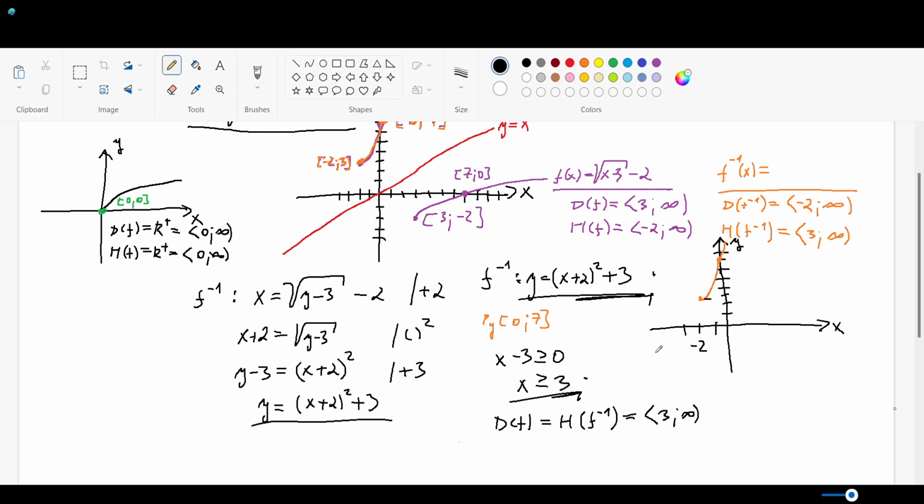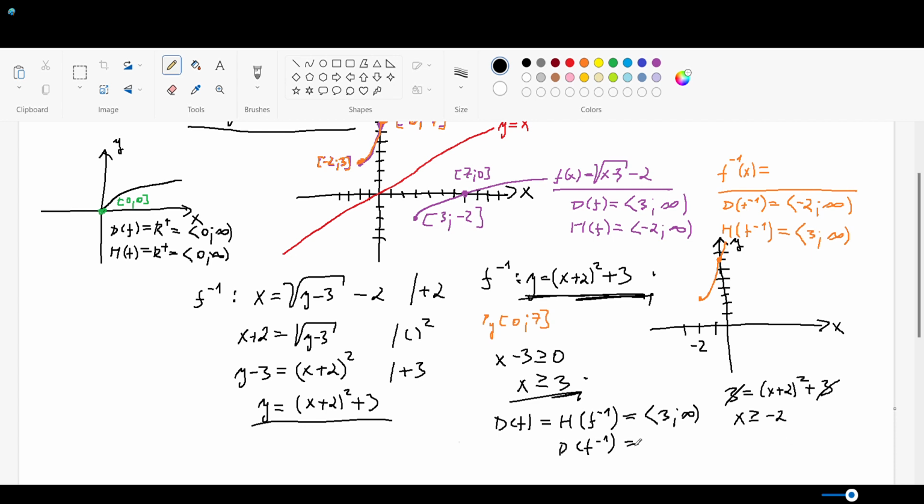And now we should find out where the domain of our inverse function is, which is really simple, and it would mean that we fill in our inverse function with the number 3 and we solve the quadratic equation 3 equals (x plus 2) squared plus 3, which means these 3 will cancel each other, and it would lead to the conclusion that x must be greater or equal to negative 2.